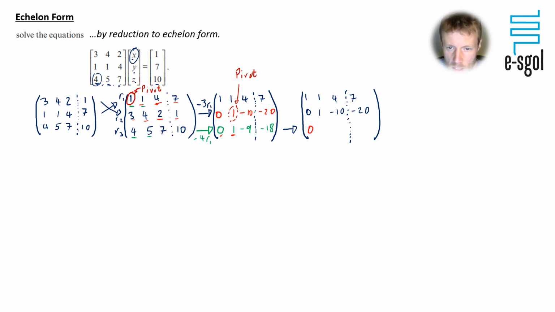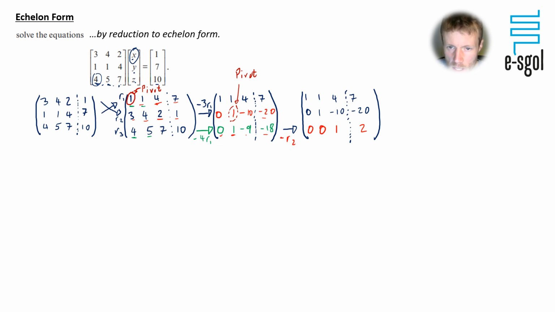This next one, I need to turn it into a 0. To do that, I just took away row 2, just one of row 2. Here I've got -9 and I'm going to take away -10, so I've got to be careful there, that's going to be +1. And then here, -18, take away -20, so that's actually +20, so that's going to give us 2.